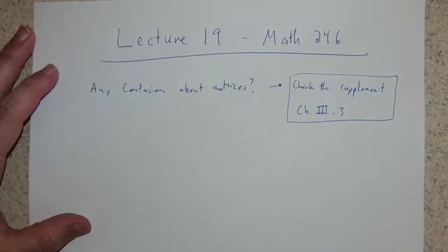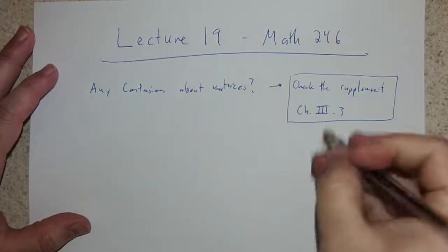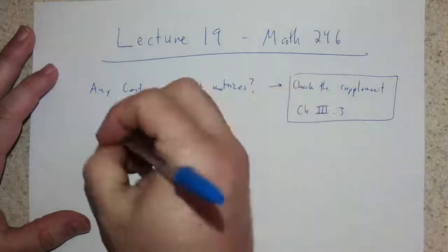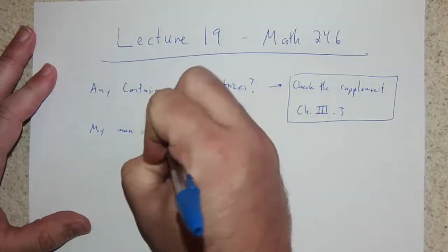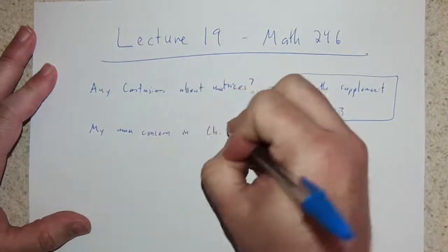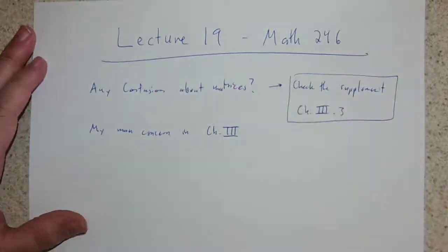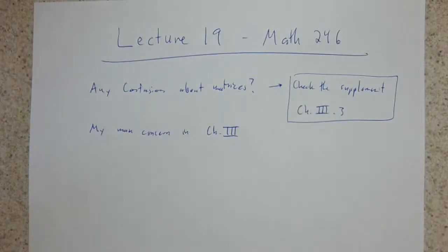So what is it that I'm actually typically concerned with? My main concern in chapter 3. This is not the only type of problem we're going to look at in chapter 3. In complete generality, we're going to be looking at equations that are more general than what I'm about to write down, but this is definitely the meat of the chapter and our main focus.